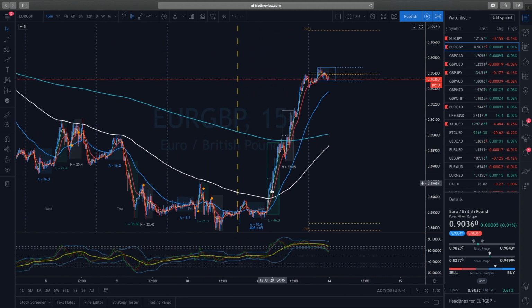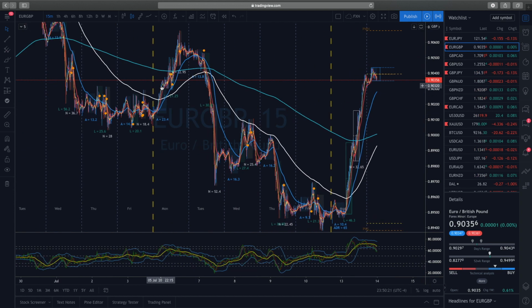Because of this huge move that it made all in one day, there's really only two things that I'm looking for coming into Tuesday. I'm either looking for a complete reversal, so basically straight down on Tuesday, or I'm looking for this to actually be a trending cycle. And if it's a trending cycle, obviously it's going to go higher.